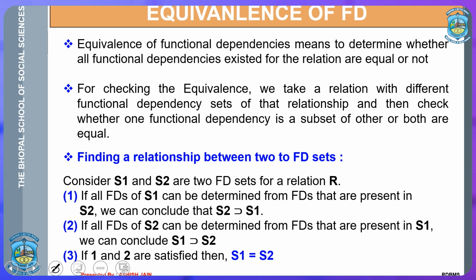That means S1 is a part of S2. Similarly, if all the FDs of S2 can be determined from the FDs of S1, we can say that S2 is a subset of S1. Now by seeing the first and second steps, we can conclude that S1 is equal to S2, because it is only possible when both these sets of FDs are equal.